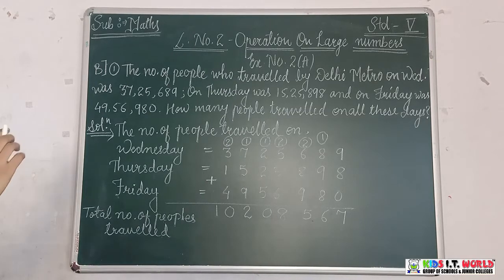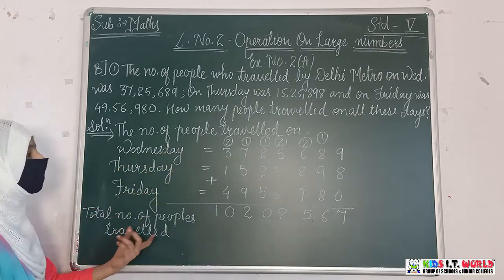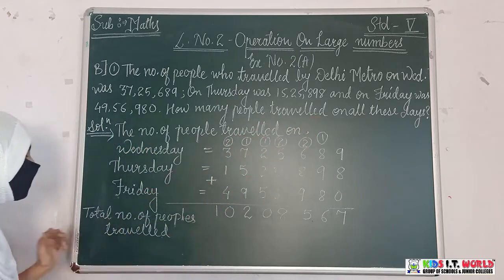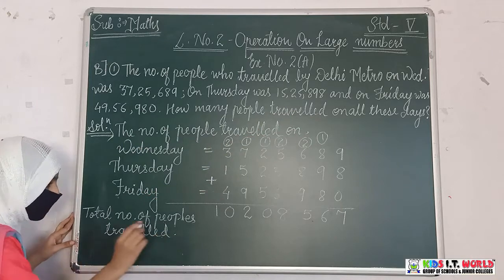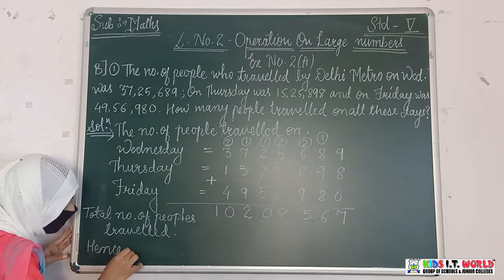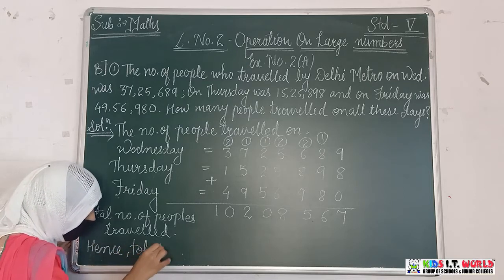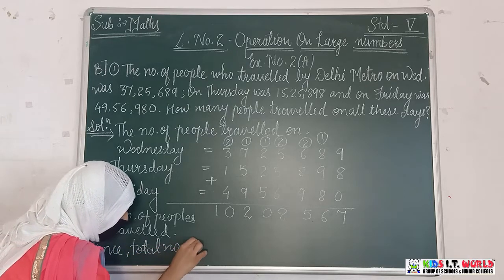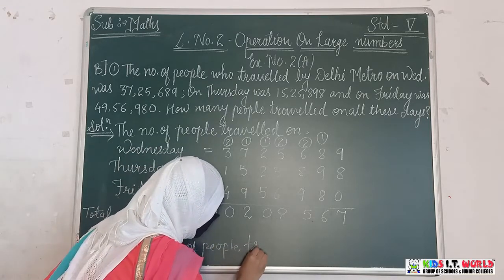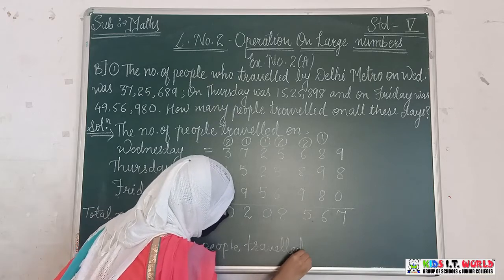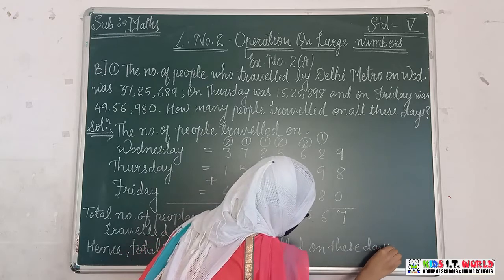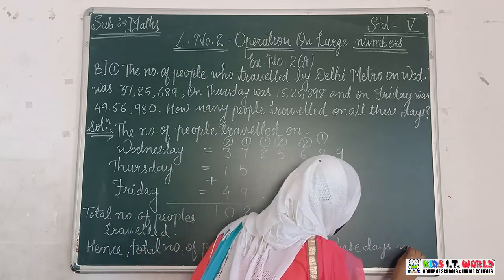Now you got the answer, and how will you write the final answer? What we have to find is the total number of people travelled on these 3 days. So you will write it in sentence form. The answer you will write is: total number of people travelled on these days are.